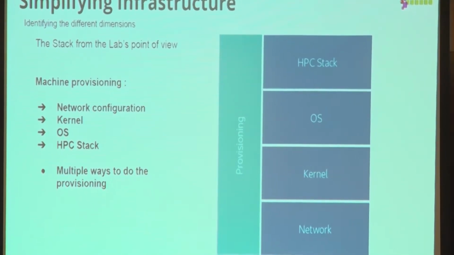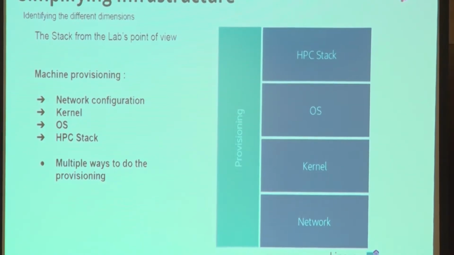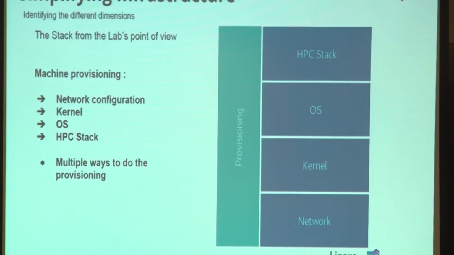So we need to simplify the validation matrix to reach the least amount of tests required. We're going to strip it of the extras and the application and concentrate on the provisioning. For provisioning, we have the network, the kernel, the operating system, and the HPC stack.